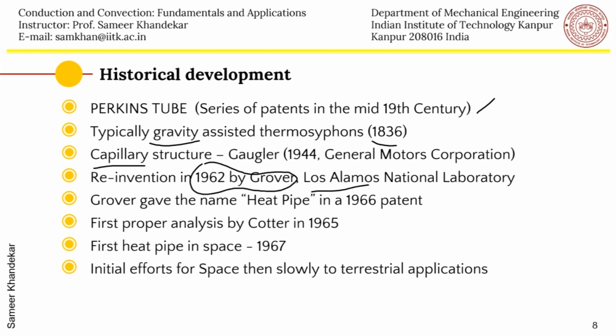Grover gave the name heat pipes in a 1966 patent, and the first paper of a proper analysis was done in 1965 by Cotter. Then within 2 years, heat pipes started flying into space, because they were such interesting, powerful, and highly efficient systems.